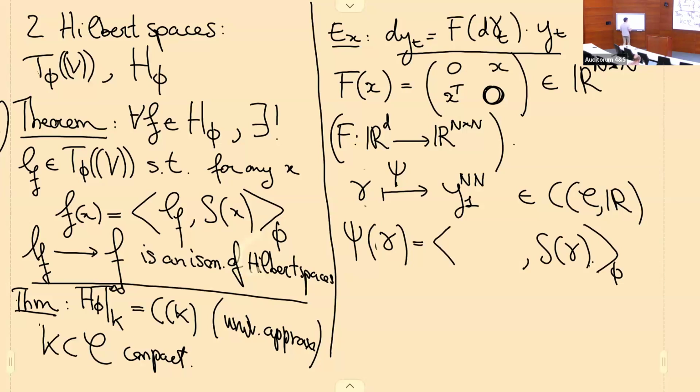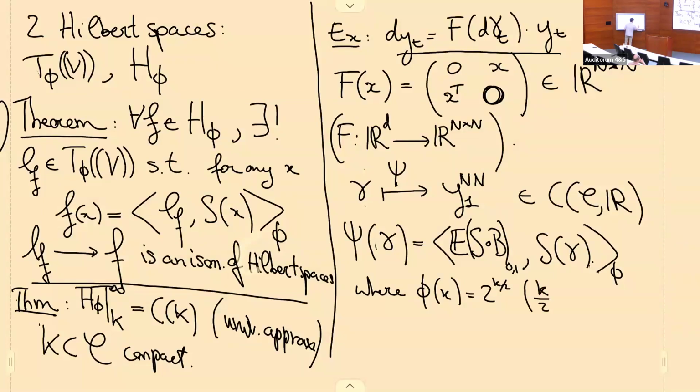The linear functional here is the expected Stratonovich signature of Brownian motion, where B is Brownian motion between 0 and 1, and φ_k is equal to 2^(k/2) times the gamma function of k/2 factorial.